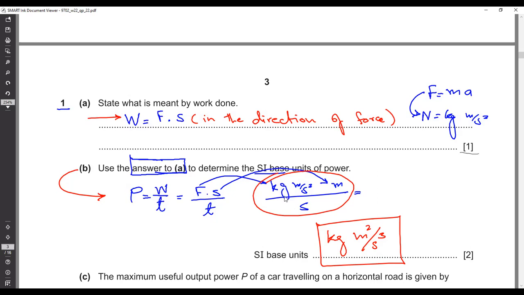So force has a unit of Newton, which is actually kg meter per second square as the base unit. So we use that kg meter per second square as the Newton, multiplied with the distance, which is the meter, divided by another second, gives you kilogram meter square per second cube. Got it?